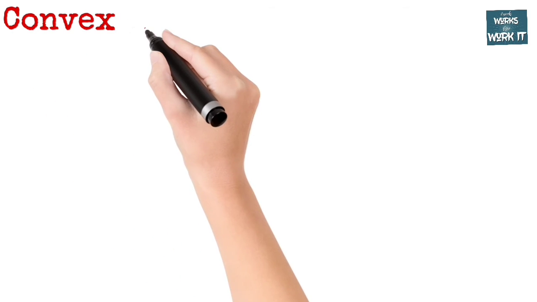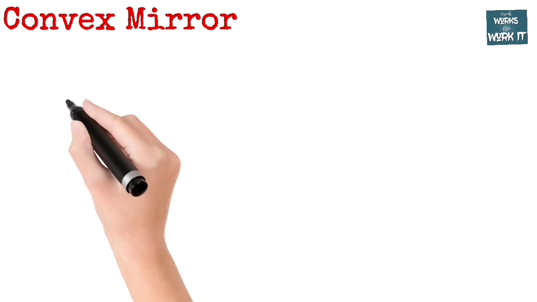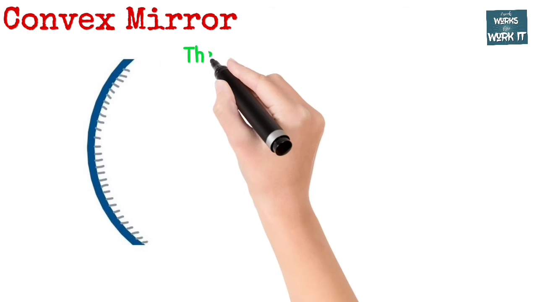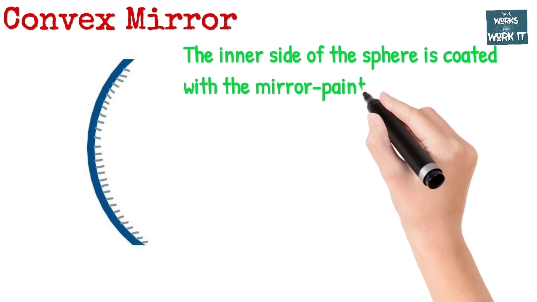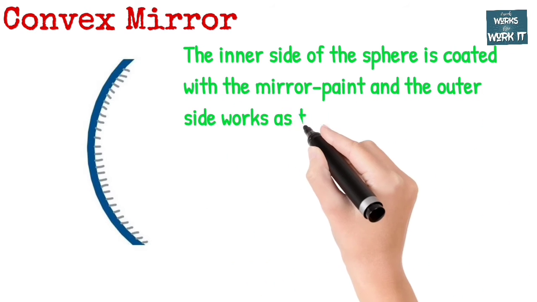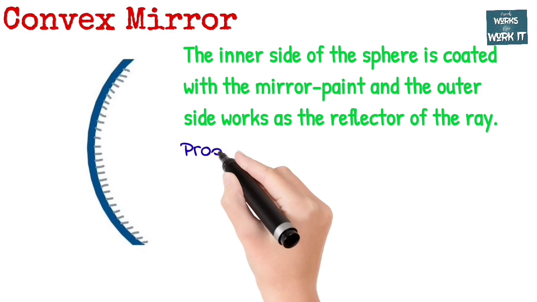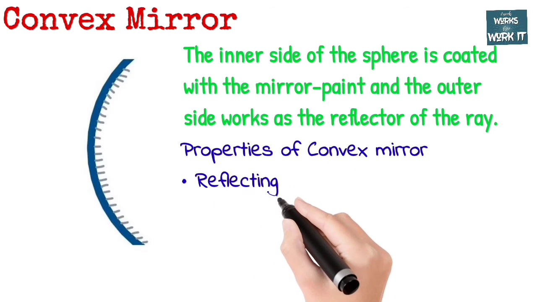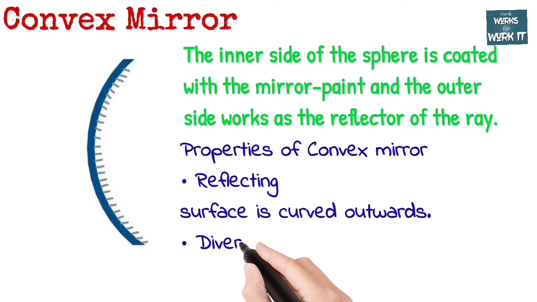And next we have the convex mirror. When we see the diagram of the convex mirror, the inner side of the sphere is coated with mirror paint and the outer side works as the reflector of the ray. A convex mirror has a reflecting surface which is curved outward.